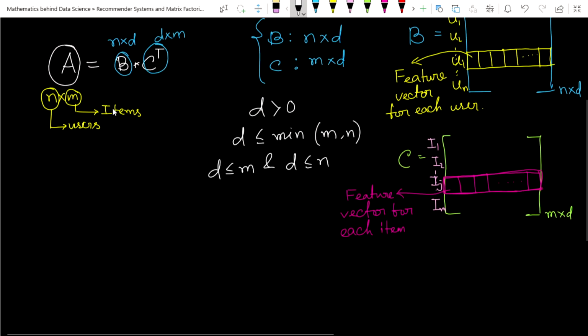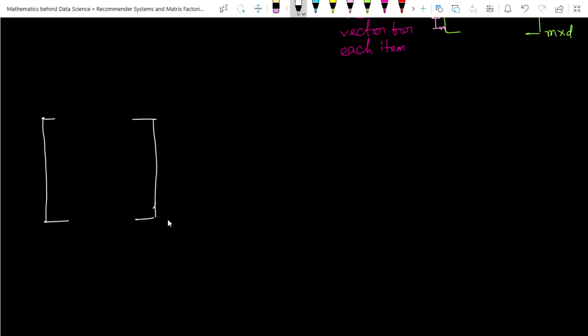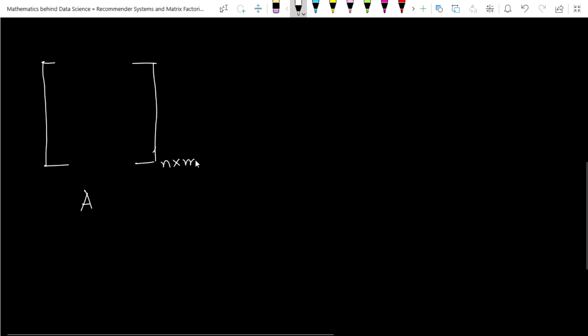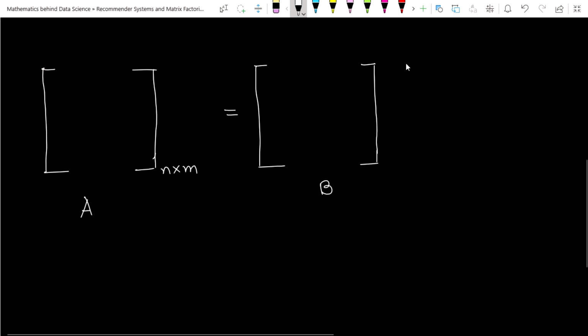To compare these matrices side by side, I think it will be more visualizable. Suppose this is our A matrix, and its dimension is M cross N. Suppose this is the B matrix, and another one is the C transpose matrix.